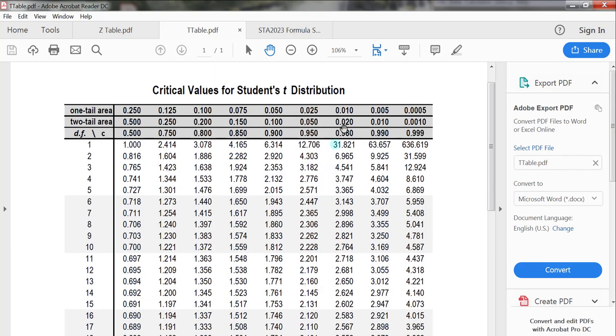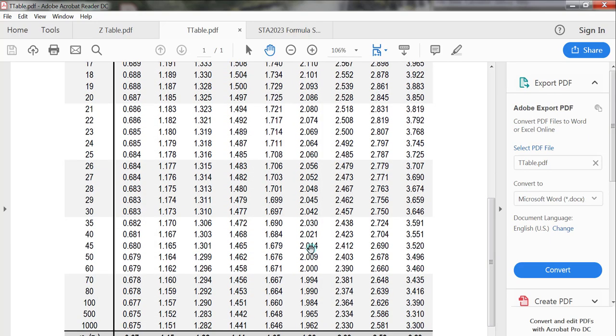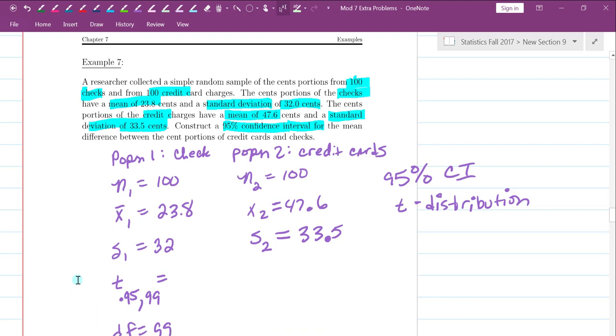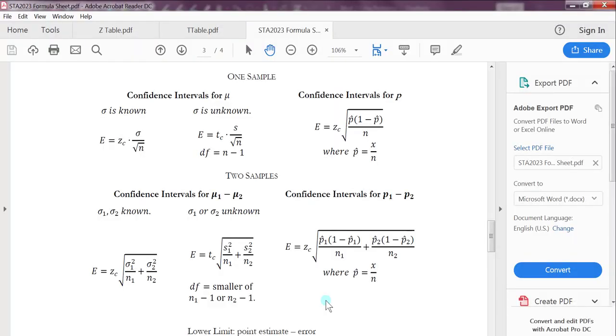So 95% is this column right here, and we're going to go down to right at 80, because we're going to go smaller on our degrees of freedom. So it's 1.99. So we're going to use 1.99.